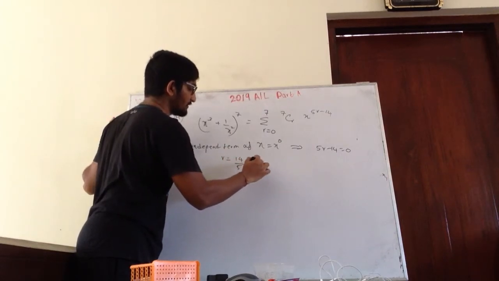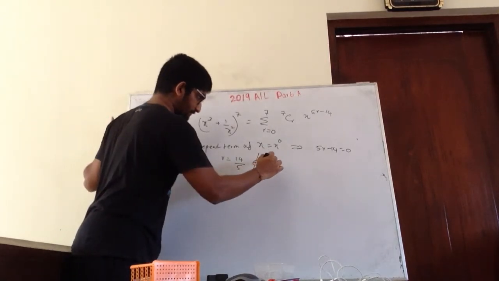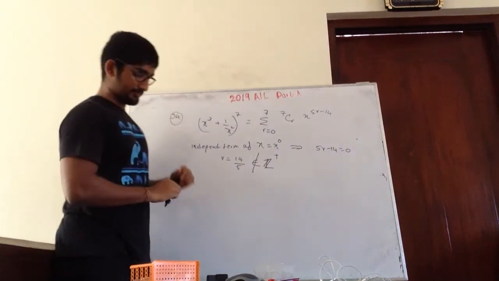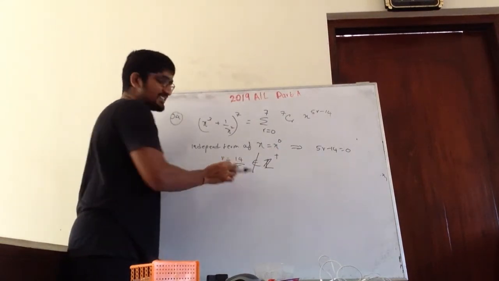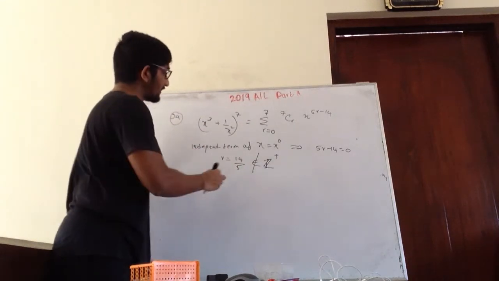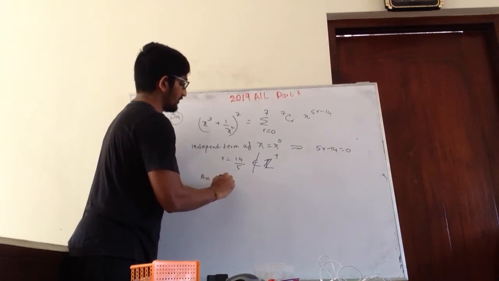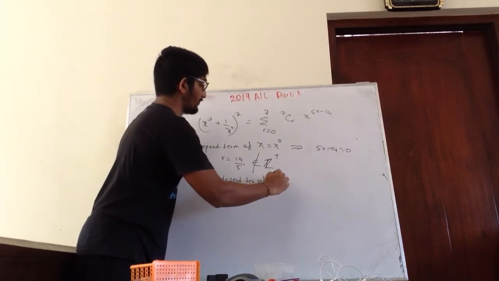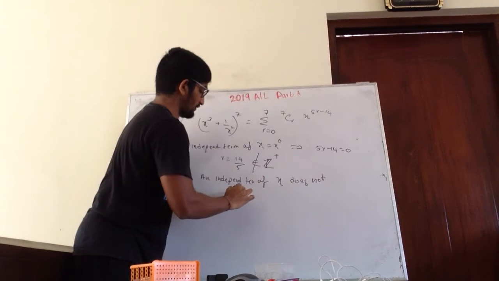Now this is not a positive integer, right? So since this r is not a positive integer, we can say that an independent term of x does not exist.